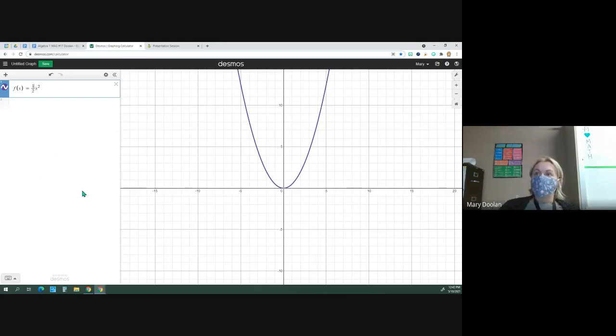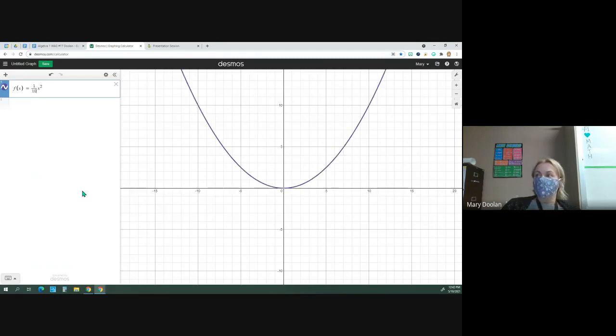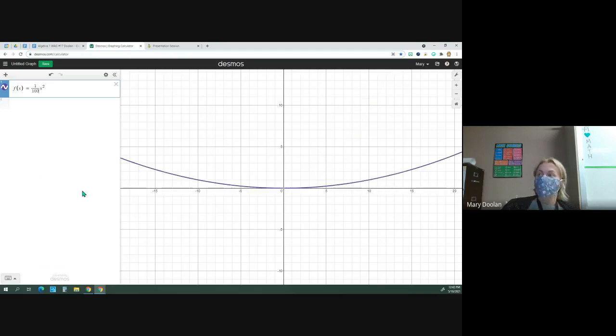And so I can then change my denominator to be an even smaller fraction, getting wider. So as your denominator increases, the value of the fraction decreases and gets closer and closer to 0, and your graph gets wider and wider and wider, more and more compressed.